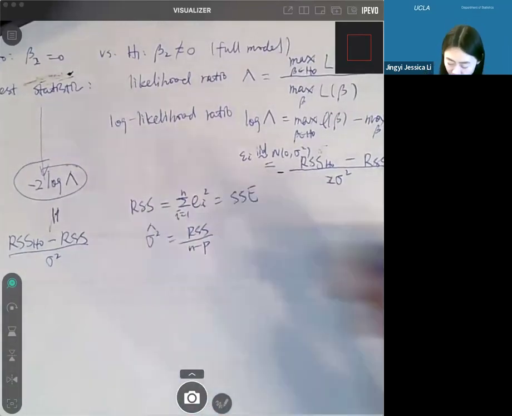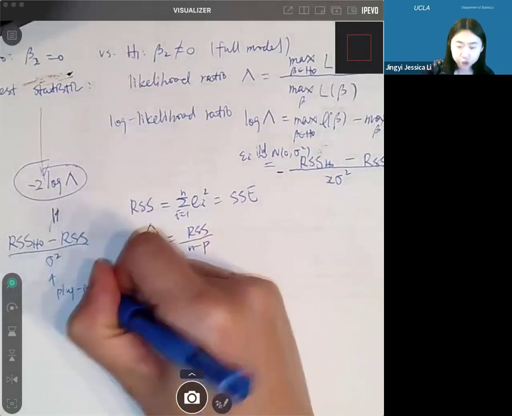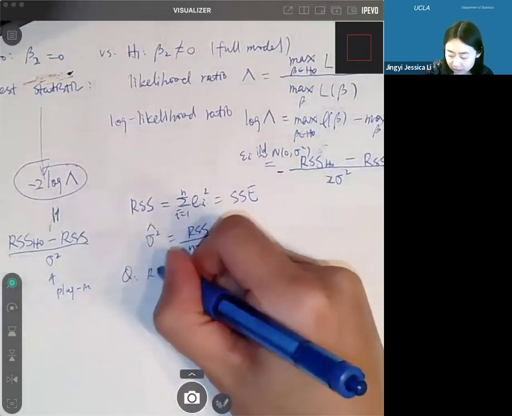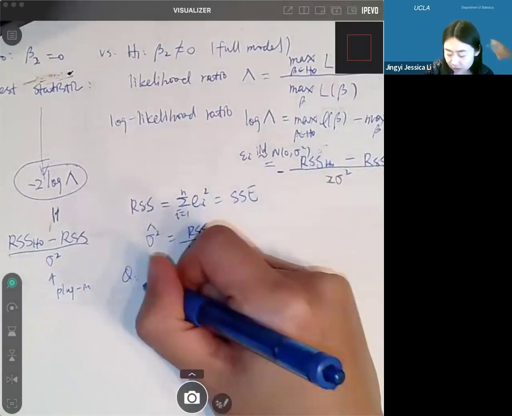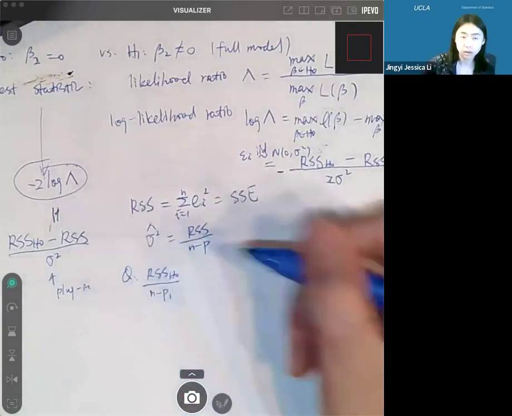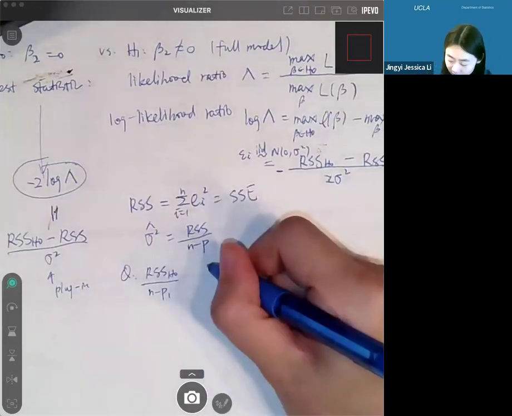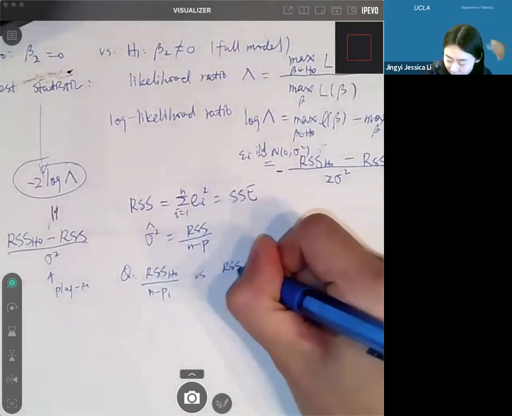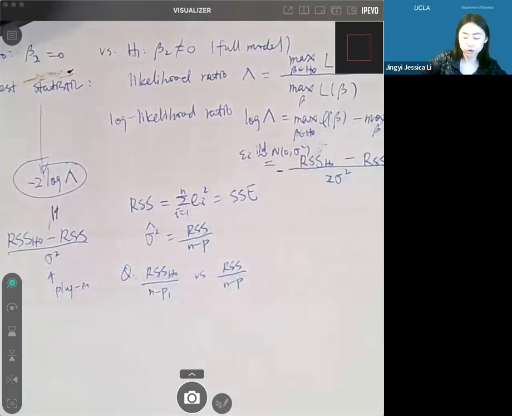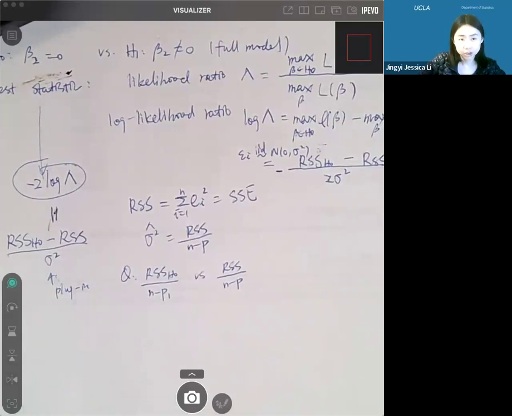So the question is, for the plug-in here, should we use RSS H0 over, in that case, the degrees of freedom n minus p1, because we only have these parameters to estimate and the other p2 are set, or RSS over n minus p? Which one should we use to plug in for the sigma square in the likelihood ratio statistic?